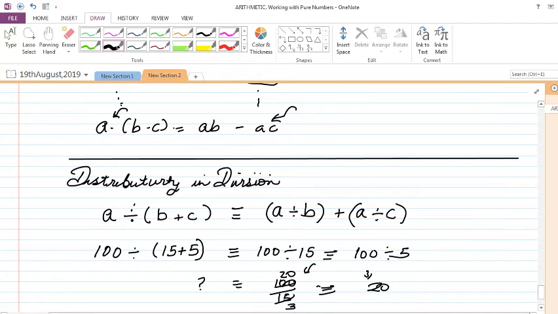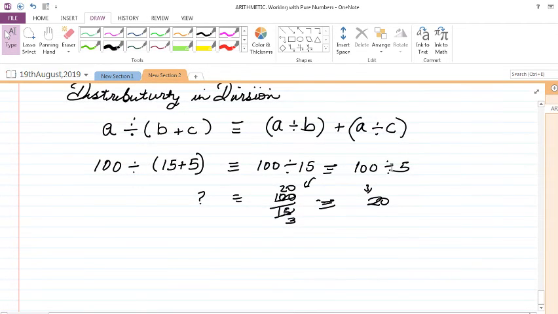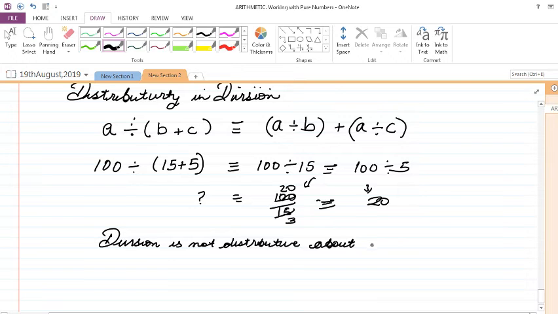And therefore, we can automatically conclude that division is not distributive about addition.